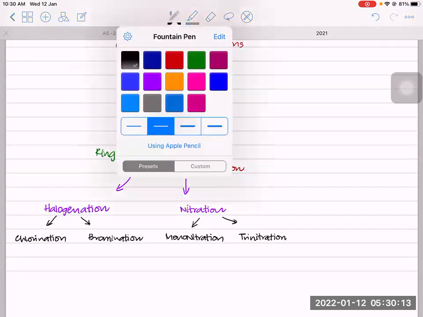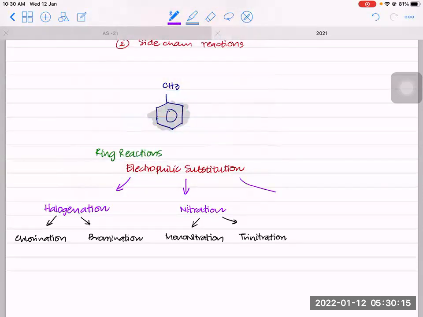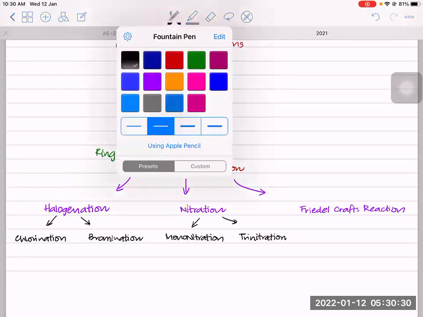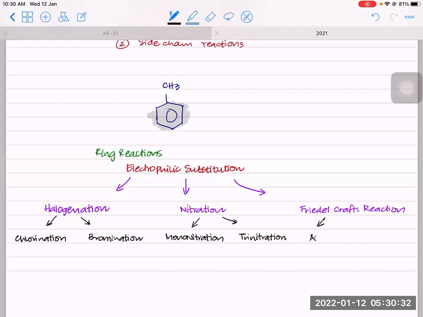Right? And then, like benzene, this will also undergo Friedel-Crafts reaction. So let's see the Friedel-Crafts reaction. You saw alkylation and acylation. Those also occur in methyl benzene. So there would be alkylation and there would be acylation.